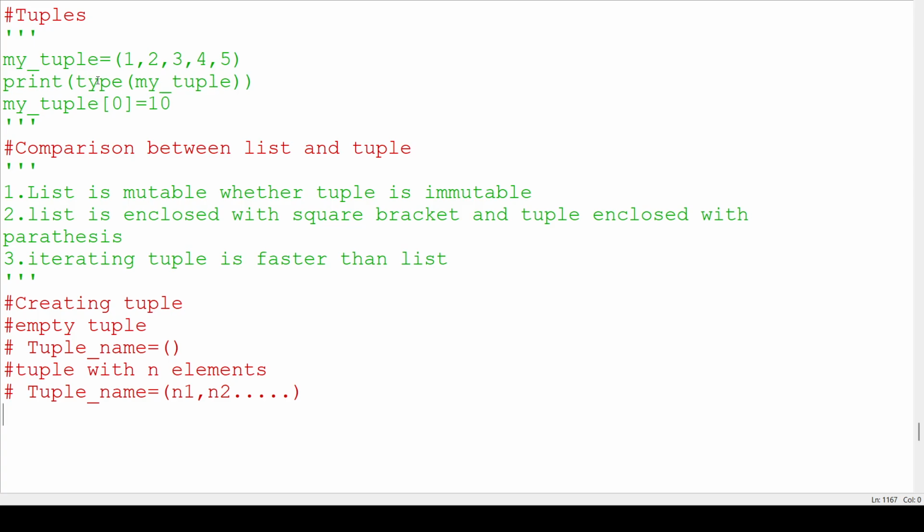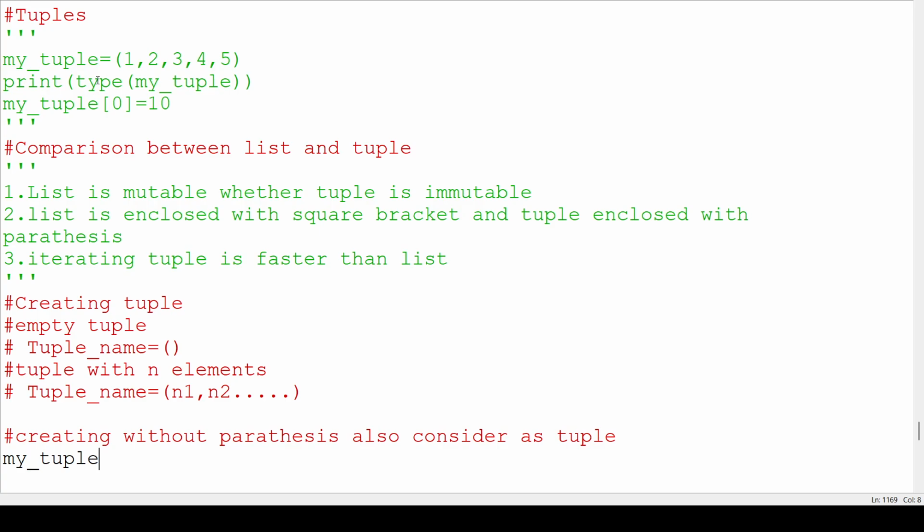If we create it without brackets, it is also considered a tuple. Like my_tuple equal to 1, 2, 3, 4, 5.